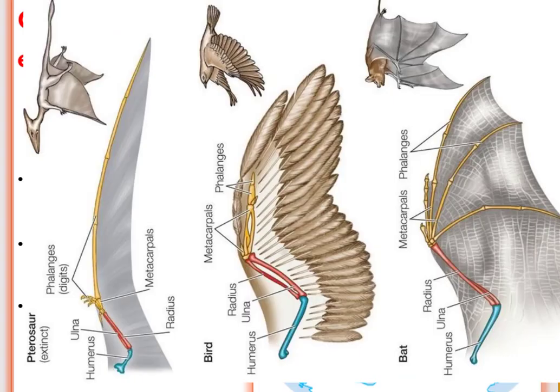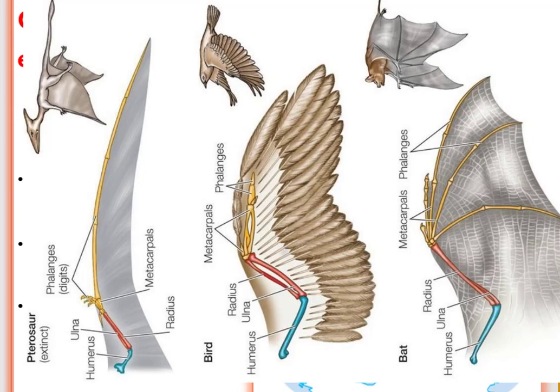The second example is the wings of bird, bat, and the extinct pterodactyl. The wings of the groups of organisms are morphologically and developmentally very different, but functionally they are similar. The organisms use these wings for flying.